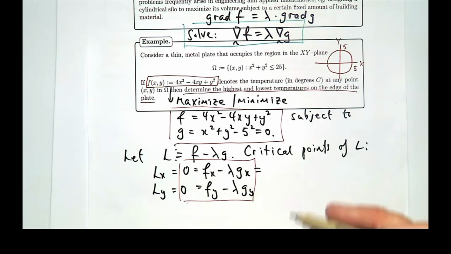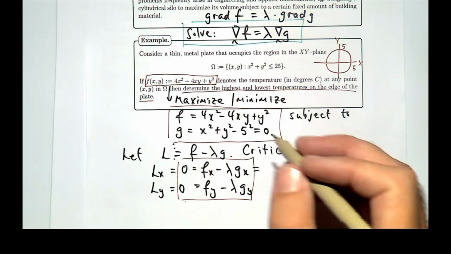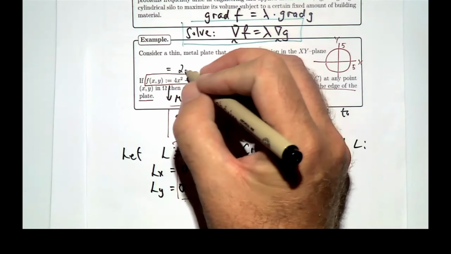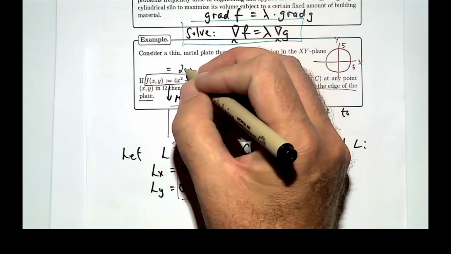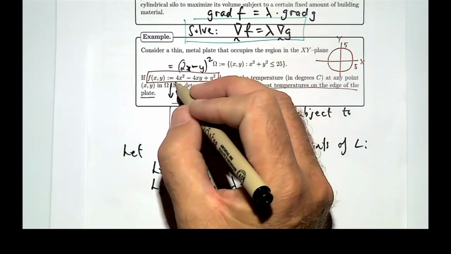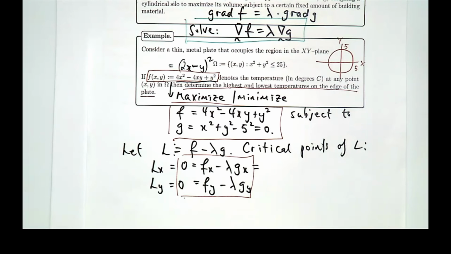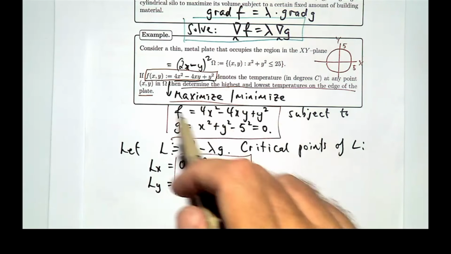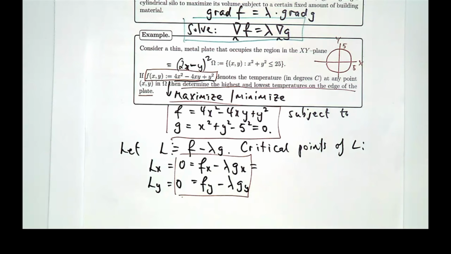So f sub x is going to be 8. Well, you can even simplify this even further, right? It's 2 minus 2x minus y all squared. Okay, so you can actually simplify that if you want to. So you can kind of see what's going to happen with the turning points of that anyway.